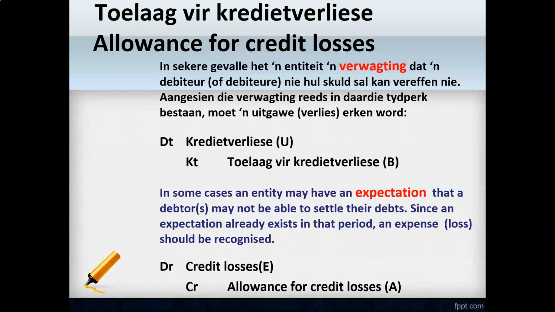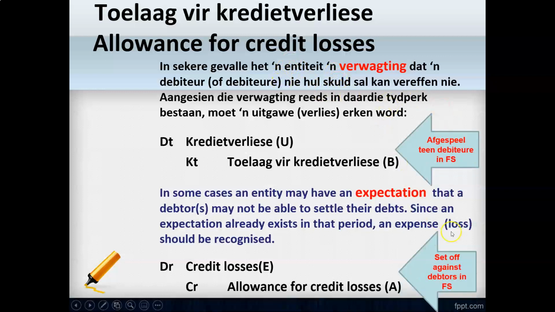It just reduces my asset to what? To an amount that will ensure that whatever I'm going to disclose as debtors is going to be a reliable amount. It's going to be an amount which is reflective of a faithful representation of my assets in my statement of financial position. So it is set off against debtors in the statement of financial position.